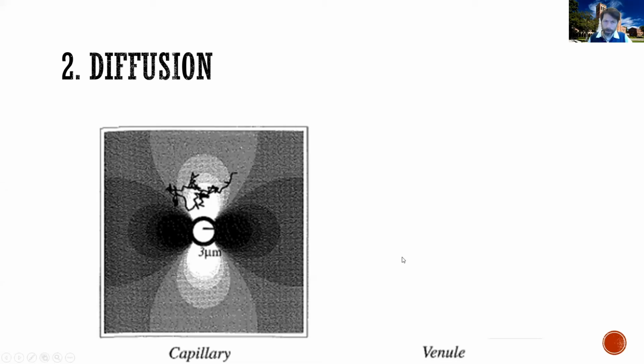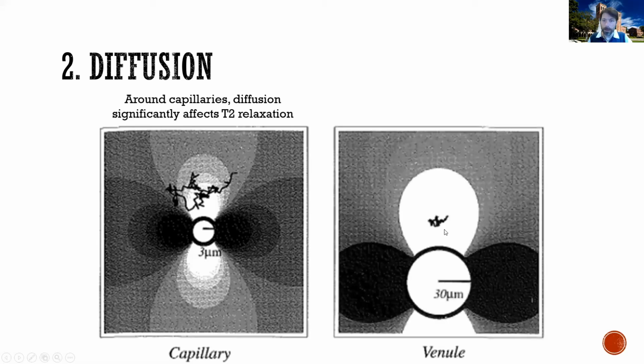How about venules? Well, around venules, the magnetic field that venules produce is so much larger with respect to just how much protons can diffuse. For example, protons inside this magnetic field will never be able to escape it.